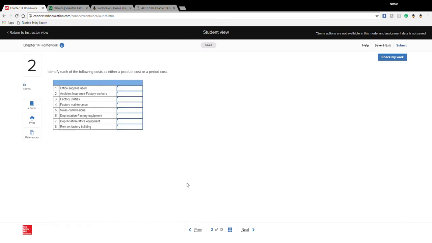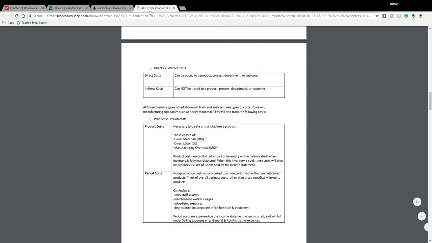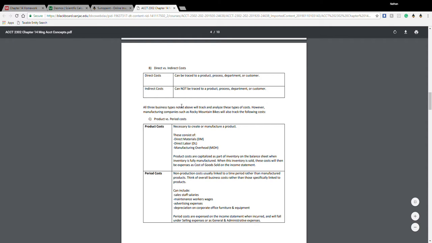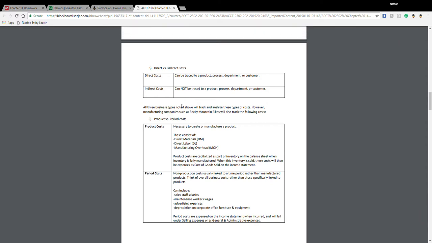We now need to identify the following costs as either product costs or period costs. With these, if you need help, you can always switch back to the notes. Here, we find out that product cost has to be either direct materials, direct labor, or manufacturing overhead. Again, these are all dealing with the product itself.